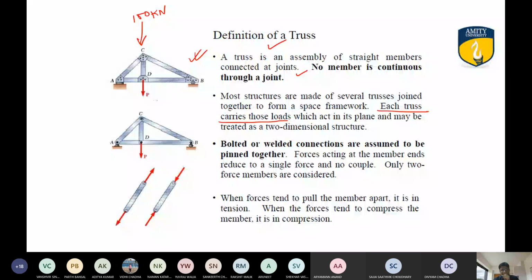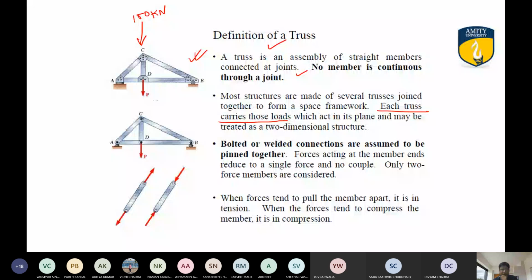And how many joints are there? Four of them. These joints are A, B, C, and D. Now tell me one thing.